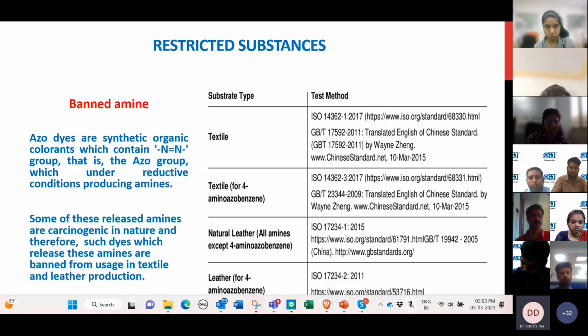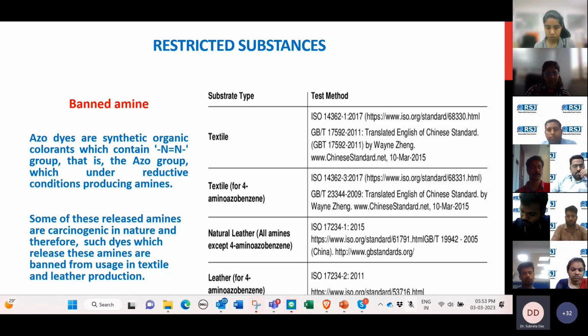So one has to be very careful when talking about children's products. And there are different standards available, as we have noticed here. The banned amines can be tested by the ISO method. There are GB standards, that is China national standards, also available. We call them Guobiao standards.